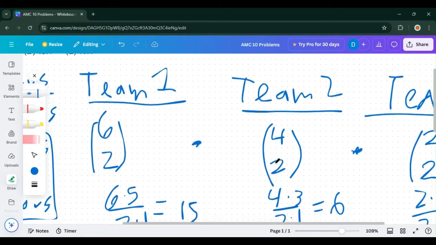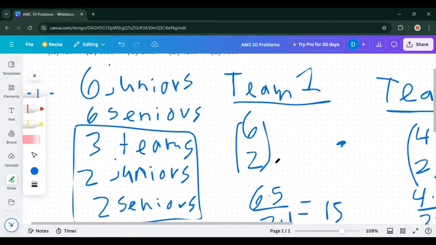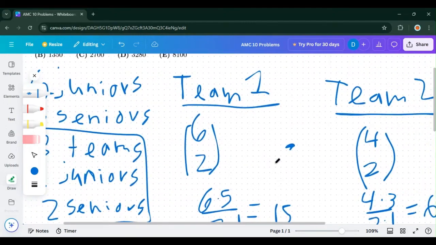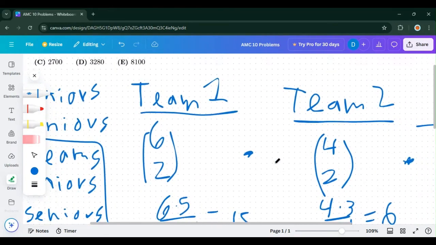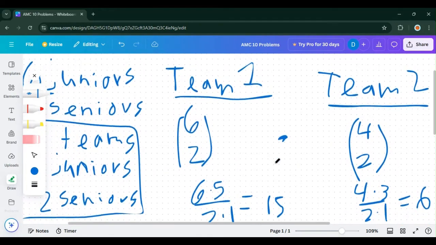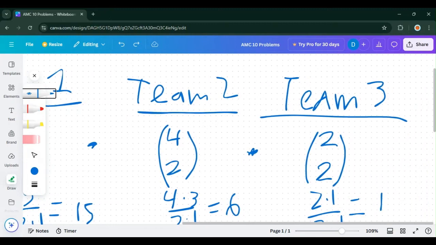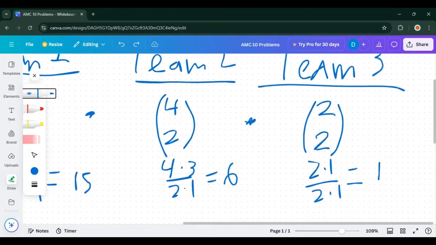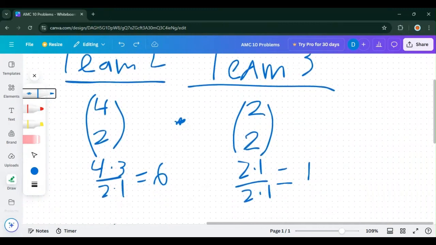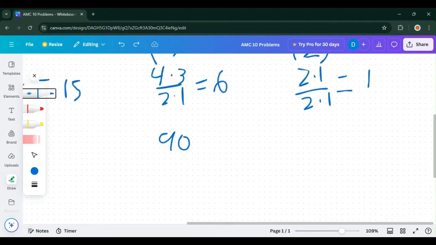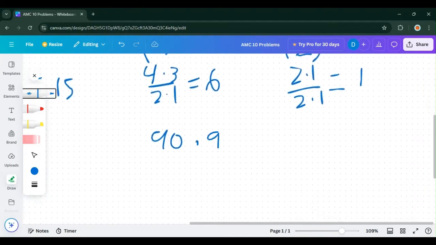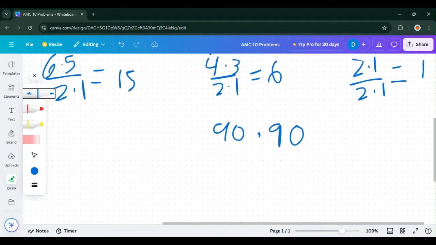And we don't even need to do the second case for seniors because once again, it's the same. We're choosing 2 seniors to start with out of 6, and then 2 seniors again out of 4, and 2 seniors again out of 2. So we can multiply 90 by 90 to get our final answer.